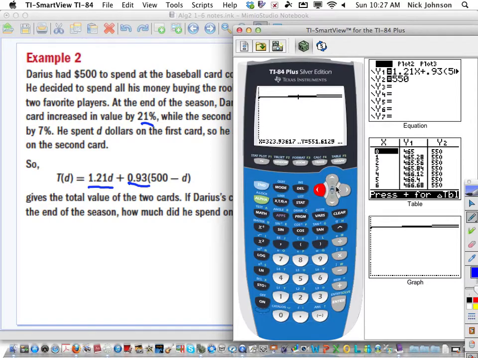Roughly about, oh, we could say 323.93, or maybe 324.46. Let's maybe it's not that much.